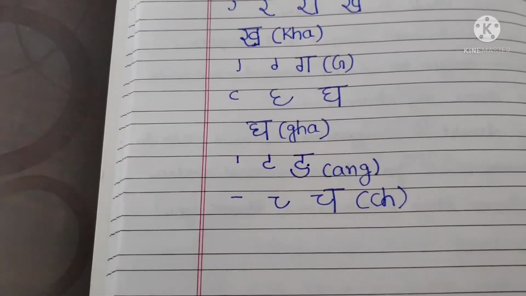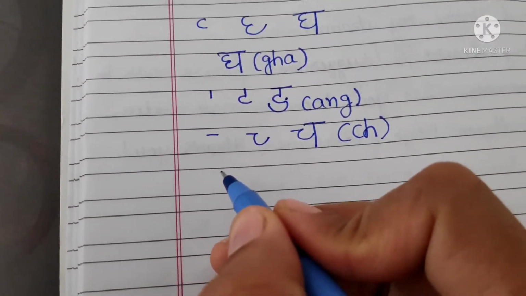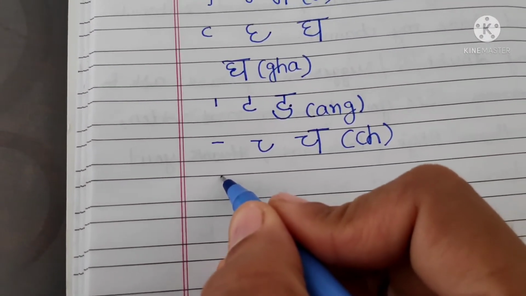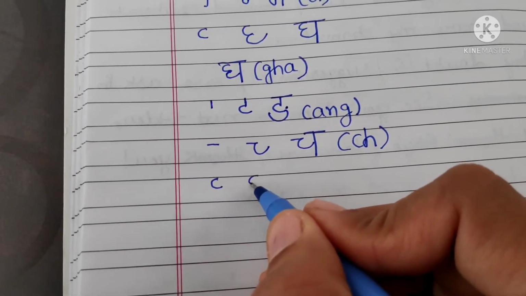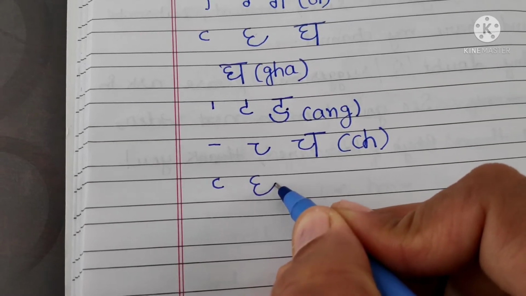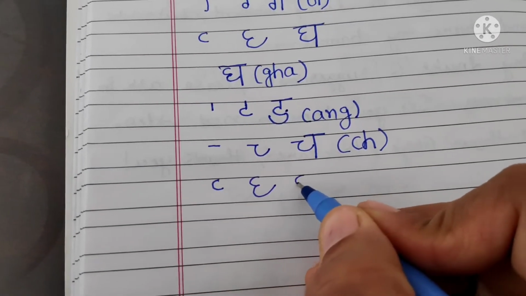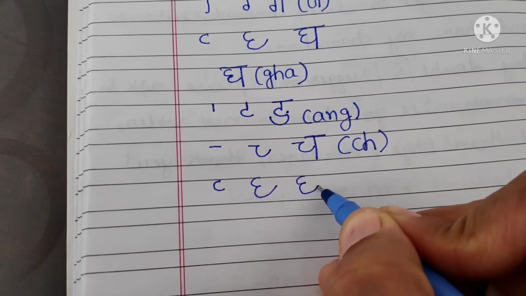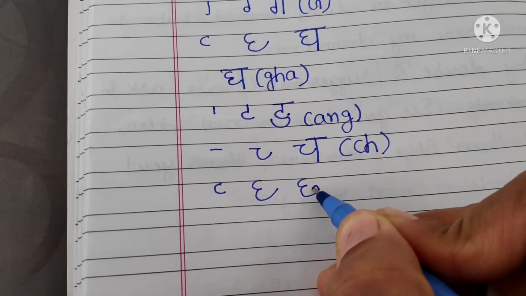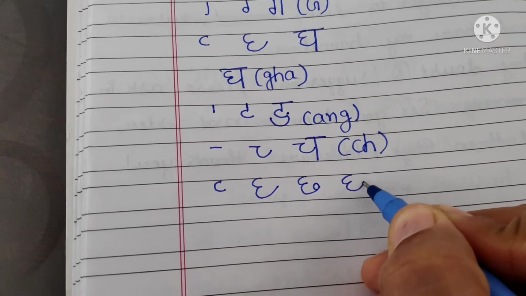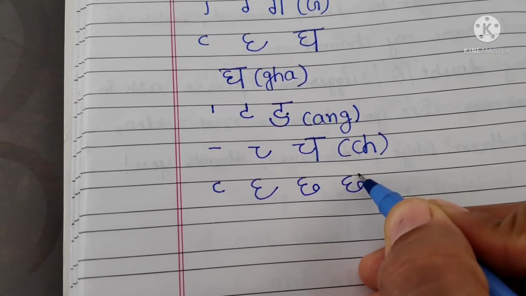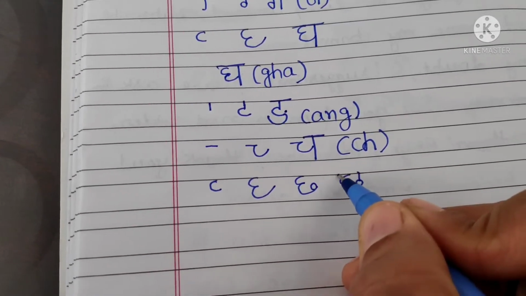Next letter is Ch. So now look how we can write Ch. For Ch, just do like this. Again repeat step, then this, again this, turn, and then little bit small circle, again repeat this step, this, and then do like this, and then sleeping line.